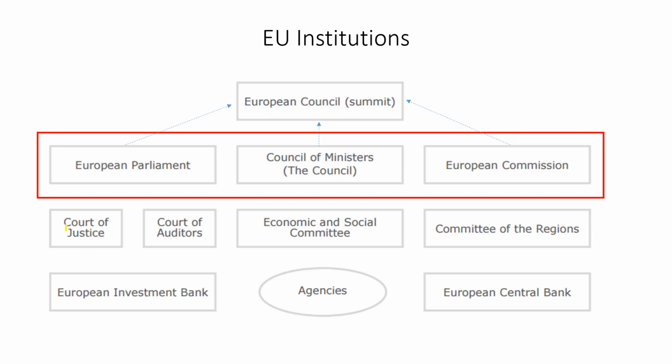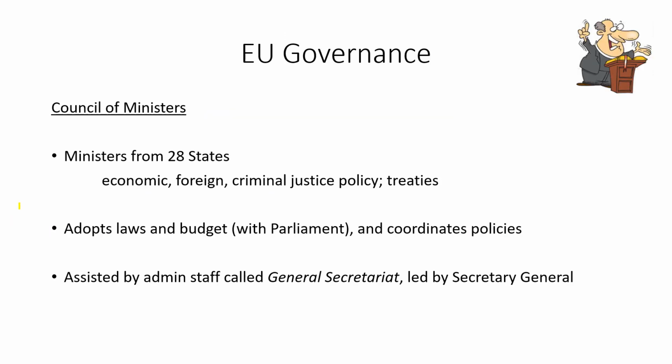Let's look at the three main bodies of the EU. Council of Ministers, where these are ministers from all 28 states, the main legislative body. You're looking at the economic, foreign, and criminal justice policies. They're making the treaties, adopting laws, setting the budget. They do a lot of this co-decision making with the Parliament, which is the elected body of the EU that has evolved over time in order to perhaps satisfy people around Europe that they're not being represented in the EU.